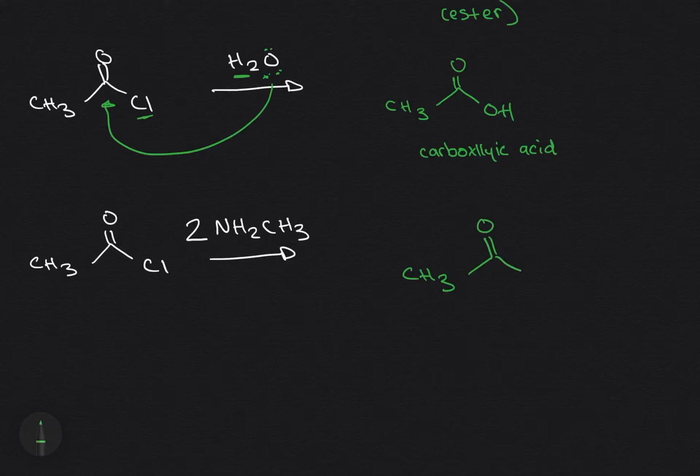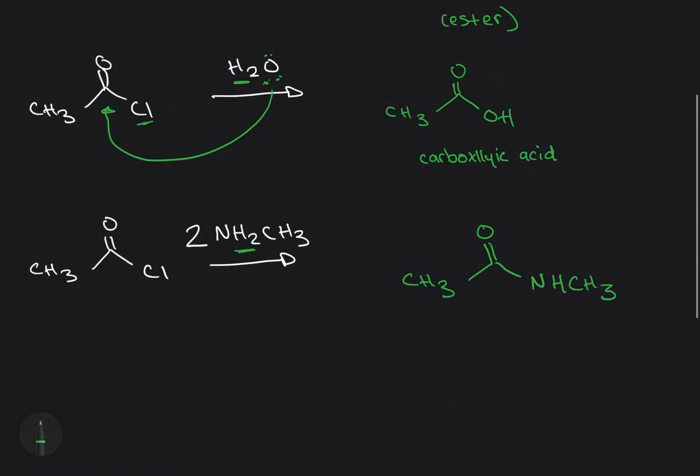Chlorine's gone. We're connected to the electronegative atom, nitrogen in this case, and we lose a hydrogen off of the electronegative atom. So one of those is going to be gone. So instead of being NH2, this would just be NH, CH3. Okay, hopefully we got a good grip on that.